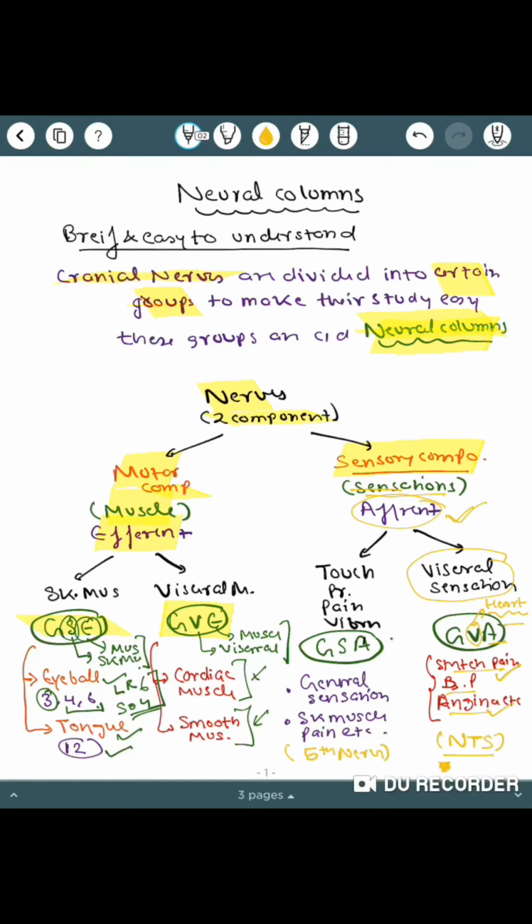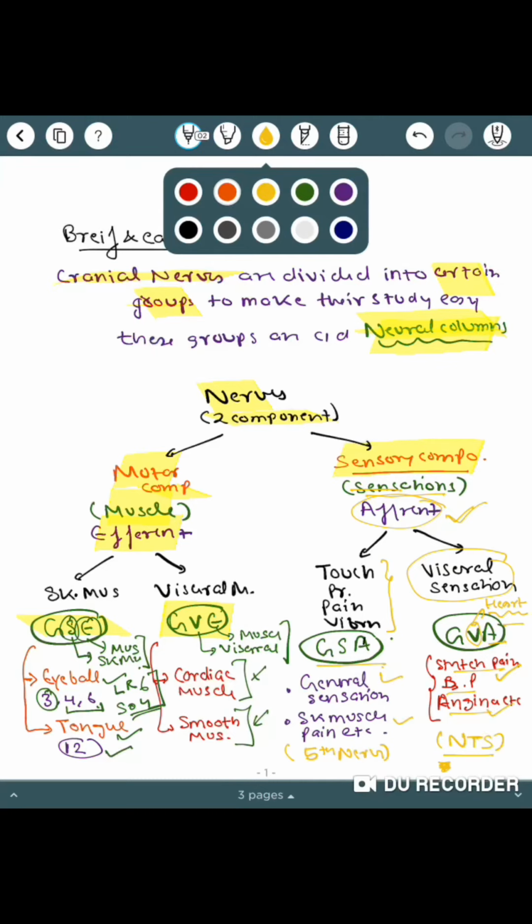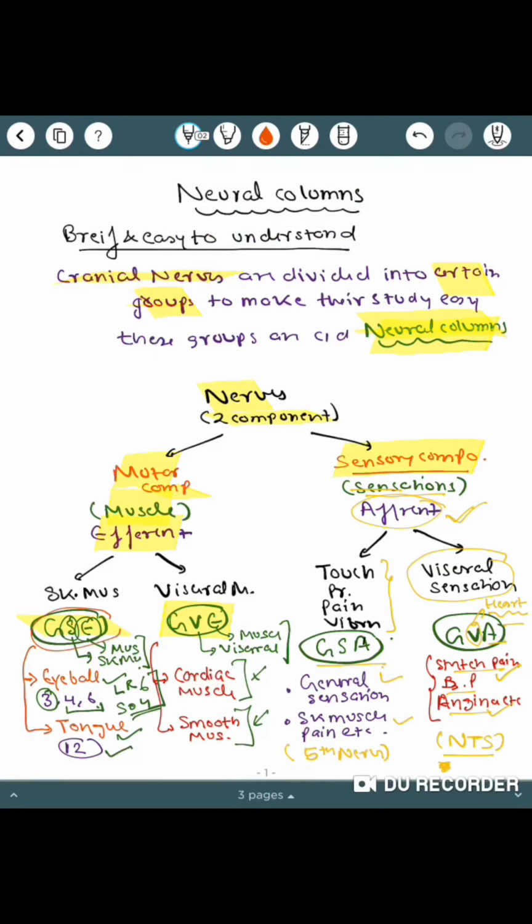Now there are other sensations, like general sensations: touch, pressure, pain, vibration. These are general sensations, and skeletal muscle pain, these will come under general somatic afferent. So these are corresponding, very easy to remember: this is general somatic efferent and its corresponding part general somatic afferent, and the general visceral efferent and its corresponding general visceral afferent.